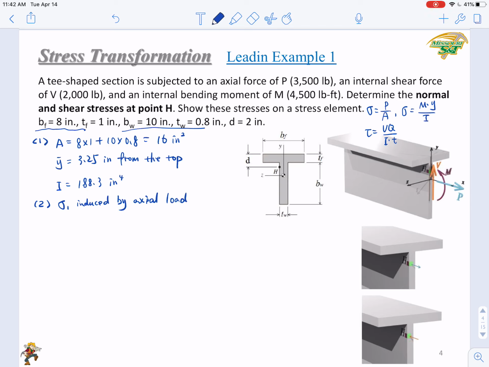So here the equation would be simple, since you just need to use P over A. The P is 3,500 over 16. So you get 219 psi. Look at the direction of the P. It's tension, right? So this is a positive stress, in tension.